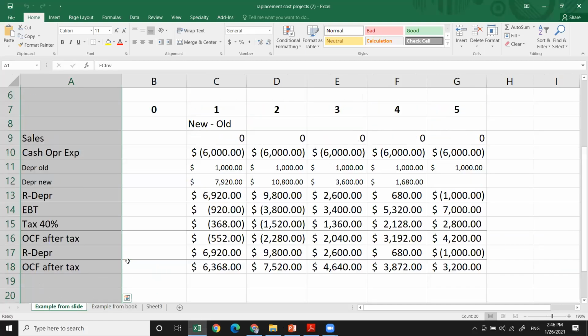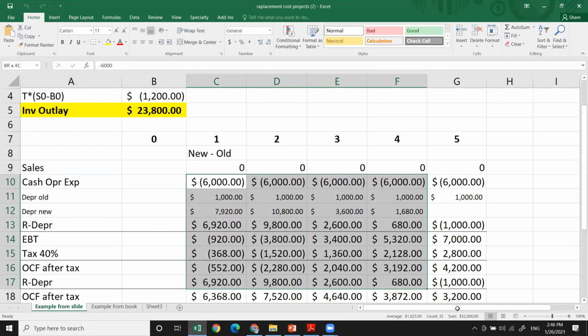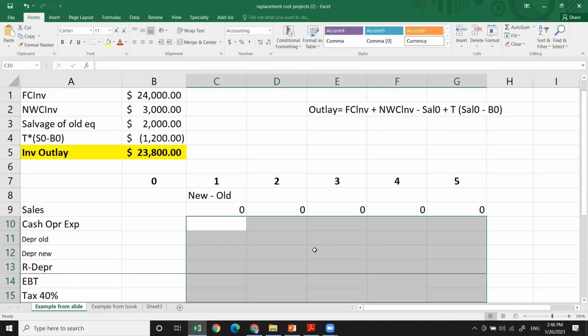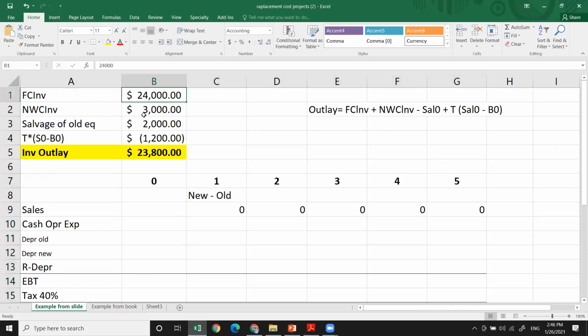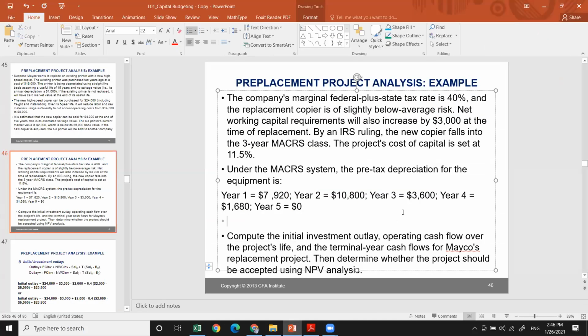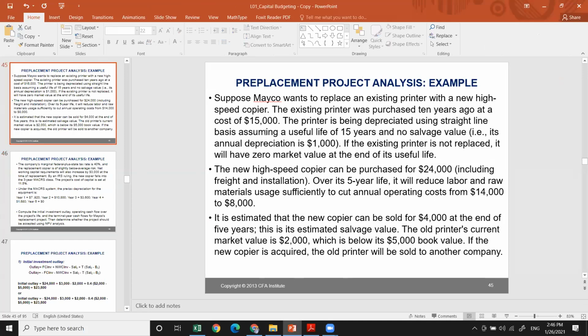So I'll just erase this and start from here. The price of the new equipment, the new printer that I'm buying, is 24,000. I just put it directly here. The net working capital is 3,000. All the information is given here: 3,000 here, and 24,000 is here.